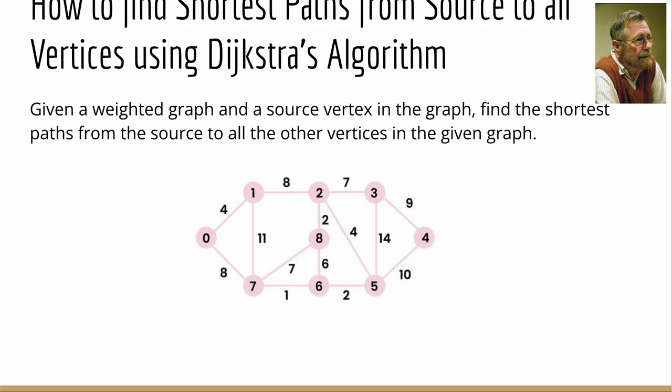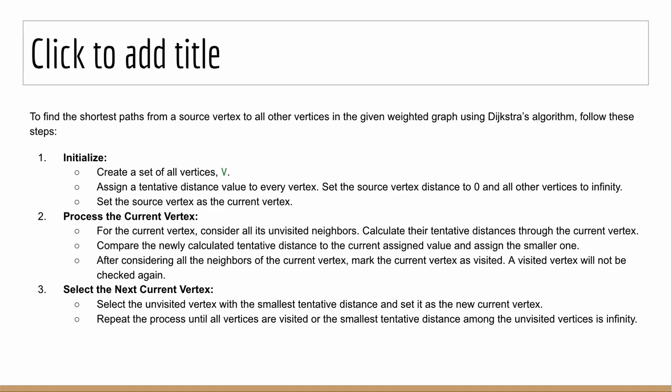So how are we going to tackle this type of problem using Dijkstra's algorithm? We'll usually find the shortest paths within three steps: initializing, processing the current vertex, and selecting the next current vertex, and then repeat.